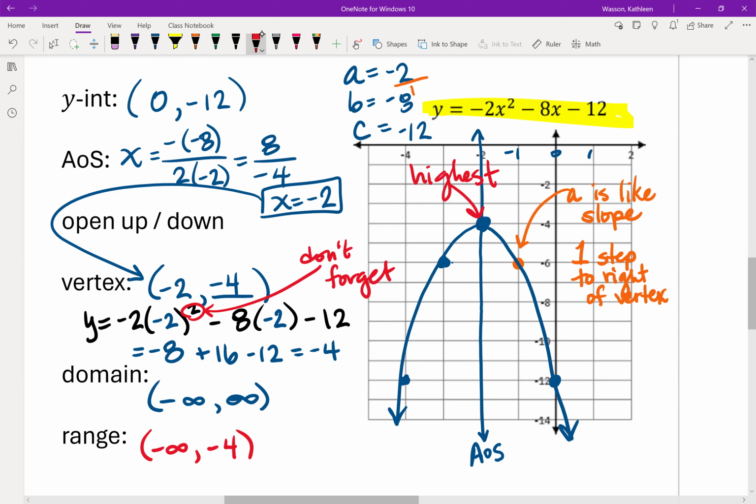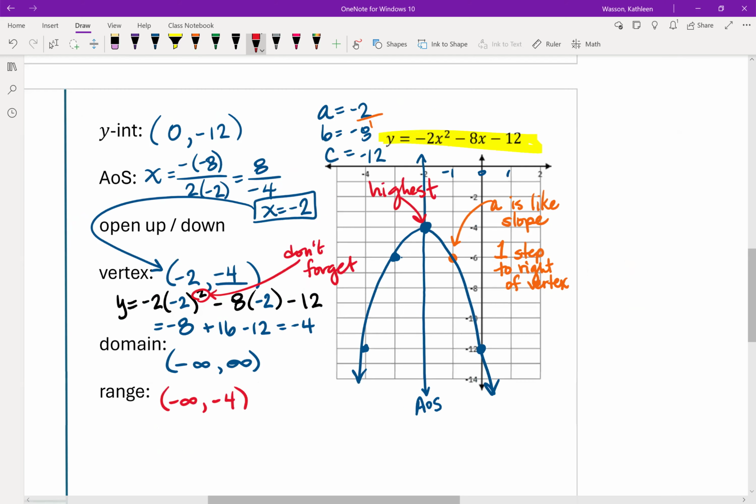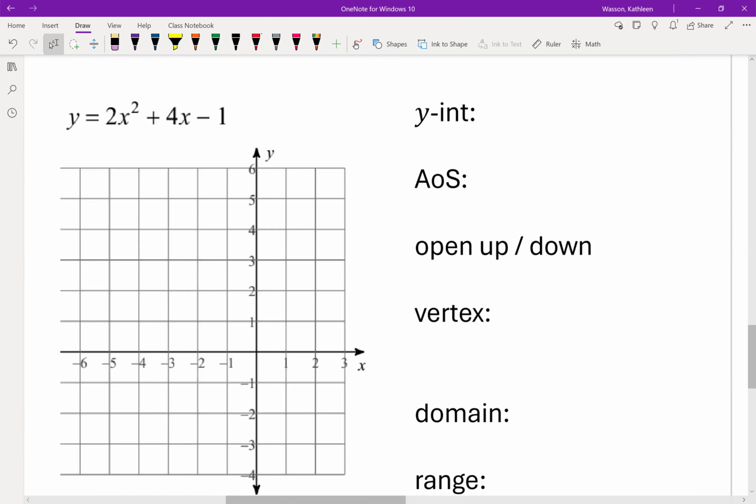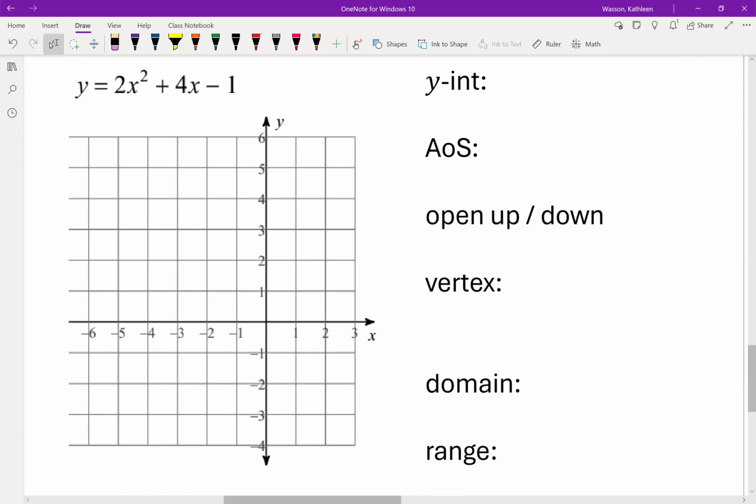I have another example for you to work. I want you to try this one. So please pause your video and try to work through this the same way we've been going through. Find the y-intercept, axis of symmetry. Use that to find the vertex. Vertex is calculated. Find another point on the same side of the vertex as where the y-intercept is.